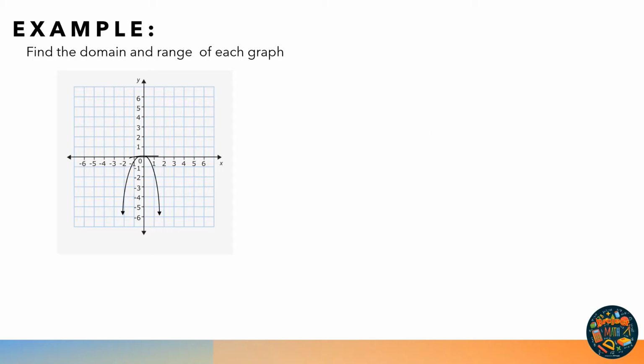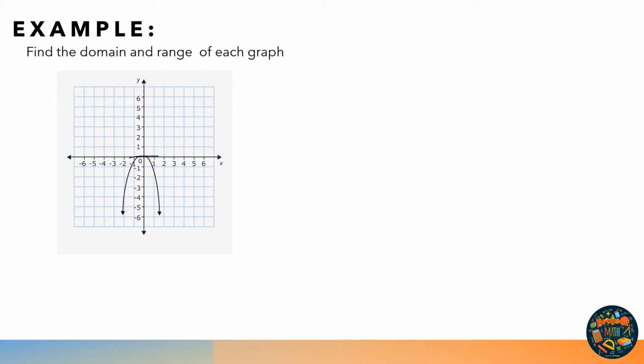Next graph. Example, we have to find the range and the domain of the given graph. So arrowheads on the graph indicate that the graph of the function extends to the left and right without bound.